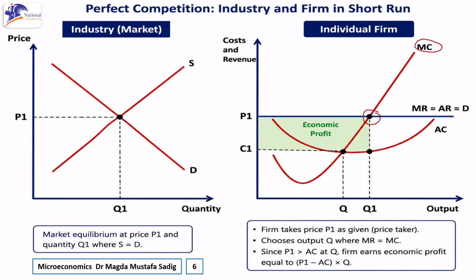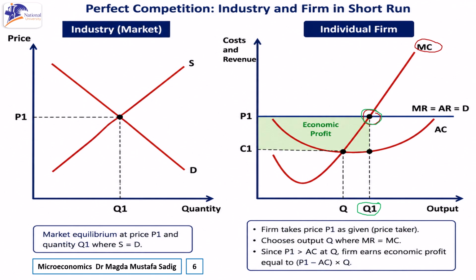Let me change the color to blue or to green so it will be more clear to you. And at this point, this is the quantity that maximizes the profit. Q1 is the quantity of output which maximizes profit, where marginal cost equals marginal revenue.